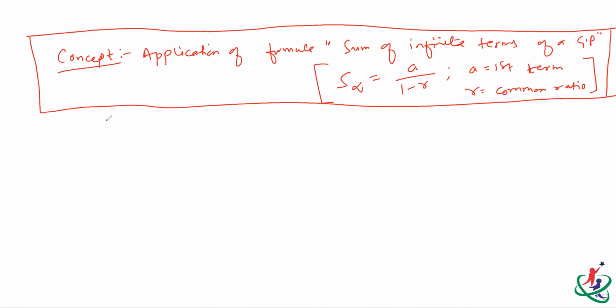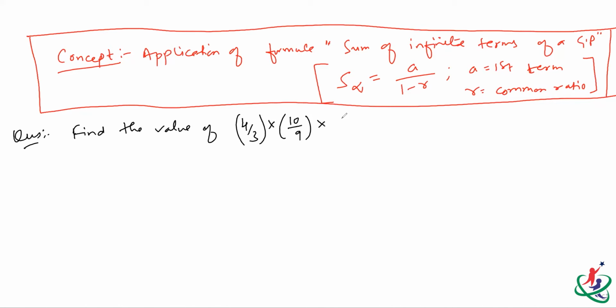Let's find out. The question goes: find the value of 4 upon 3 multiplied by 10 upon 9 multiplied by 82 upon 81 multiplied by 6562 divided by 6561 multiplied by dot dot dot, right?